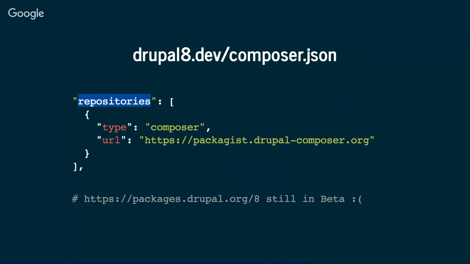Like probably most of the other projects like Symfony or Laravel use a default packages repo for managing their dependencies. In the case of Drupal, we have a special place for having those. Those packages are not registered at packages.org, which is the default place for Composer for finding definitions. We have our own. This is called packages.drupal-composer.org. This is the one you will be using by default while using Drupal Composer.